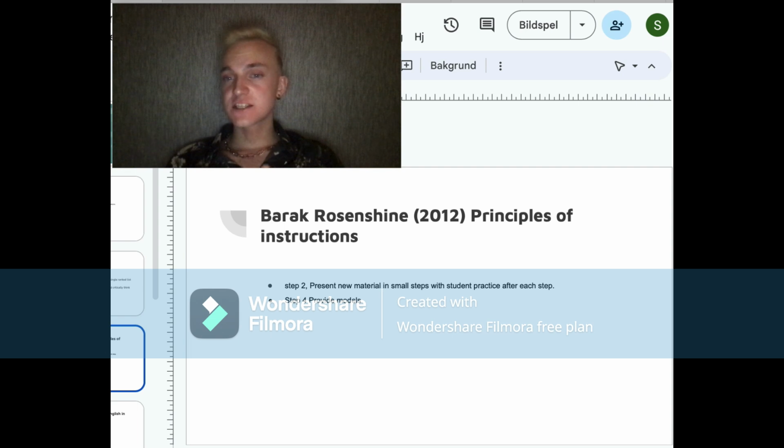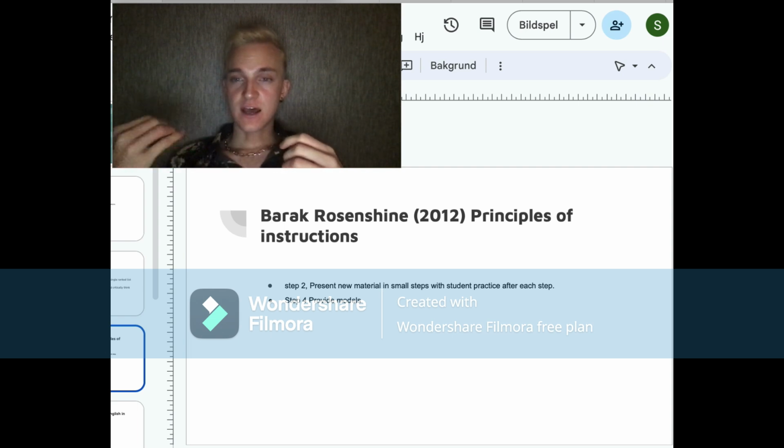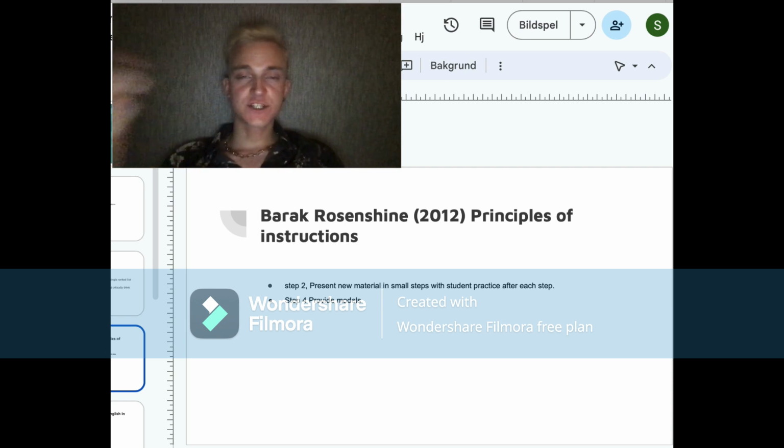This is based on what Barak Rosenshine writes in Principles of Instruction. In step 2, he writes that when you present new material, you should do it in small steps with students practicing after each step. So each step becomes successively more difficult, and you have more opinions that you have to discuss and argue against and for.